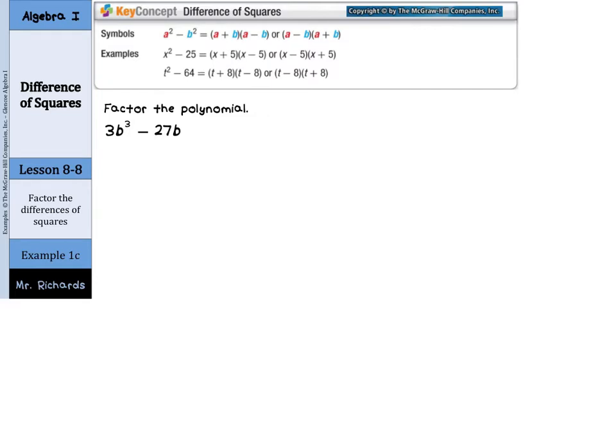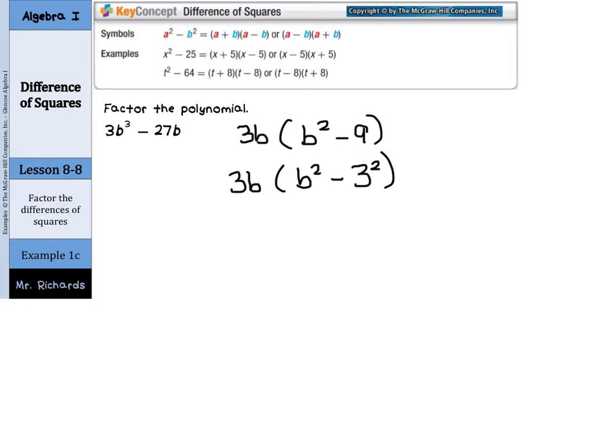What about 3b cubed minus 27b? Well, here we get to do something special. We get to take out the GCF of these two terms first. What is the GCF of these two terms? Well, 3b. If I do that, I'm left with b squared minus 9. And what is b squared minus 9? Well, that's b squared minus 3 squared, as 9 is 3 squared.